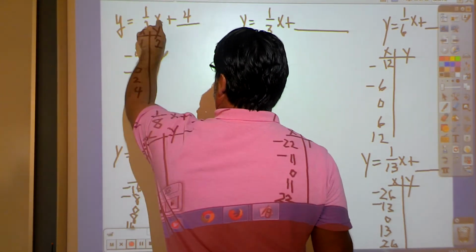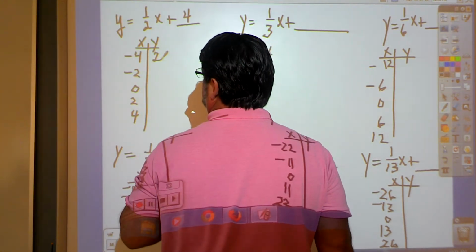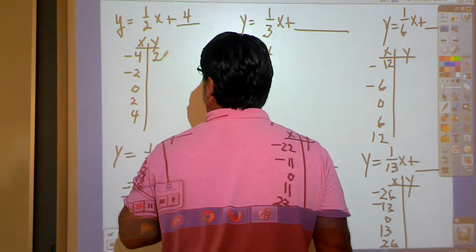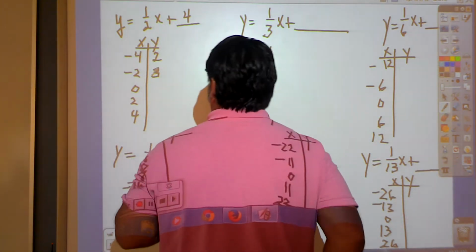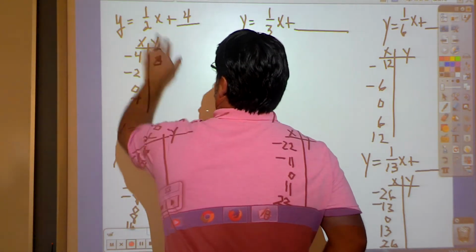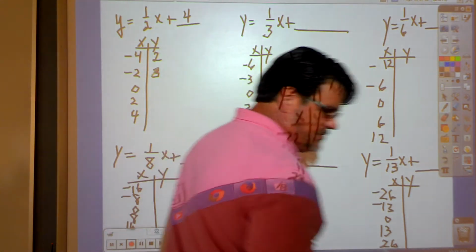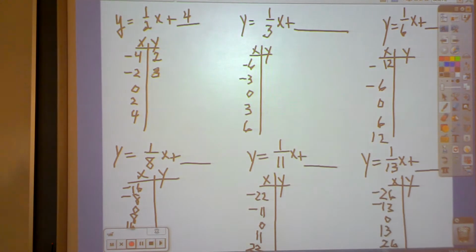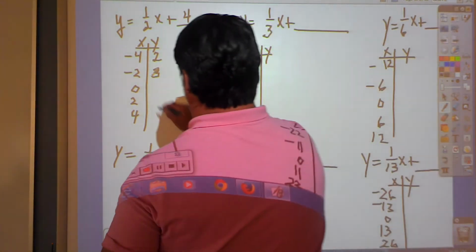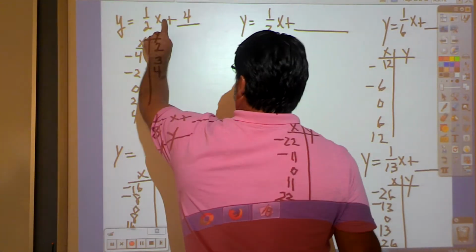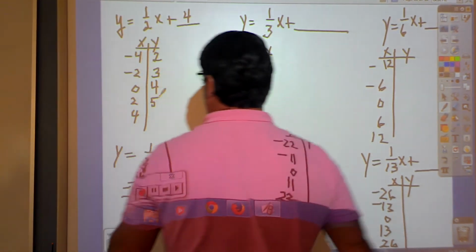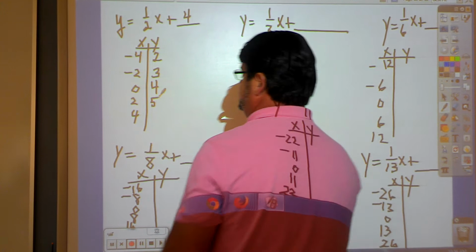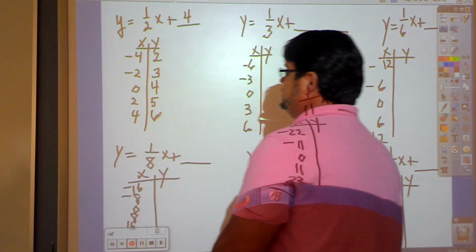What's -2 divided by 2? -1. What's -1 plus 4? 3. 0 times anything is 0, plus 4 is 4. 2 divided by 2 is 1, plus 4 is 5. And 4 divided by 2 is 2, plus 4 is 6.